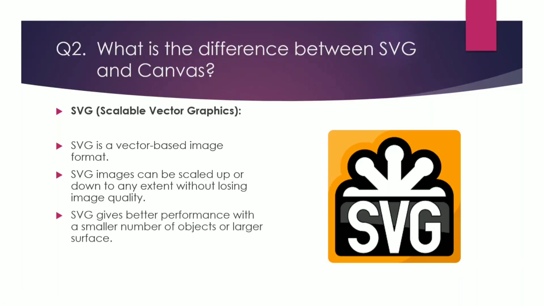And SVG gives better performance with a small number of objects or a larger surface because it can be scaled up easily. SVG can be modified through script and CSS both. This is the main thing that you have to consider.